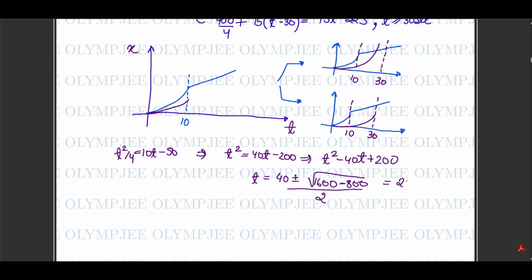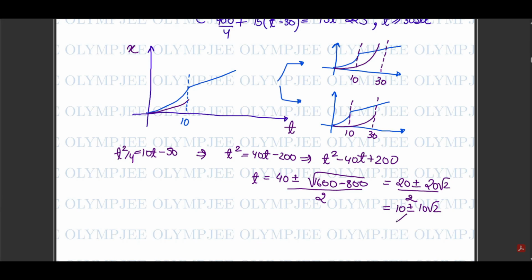This gives us plus minus root 800, which is 20 root 2, which is 10 plus minus 10 root 2.